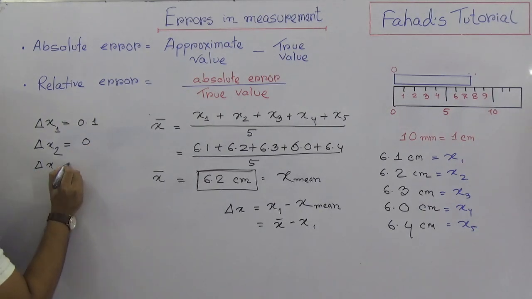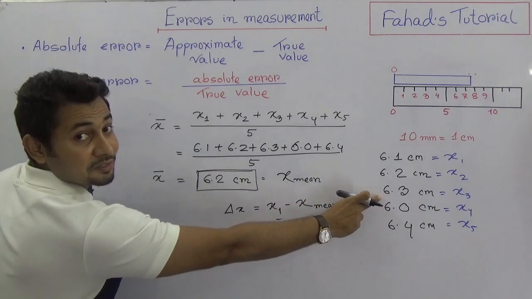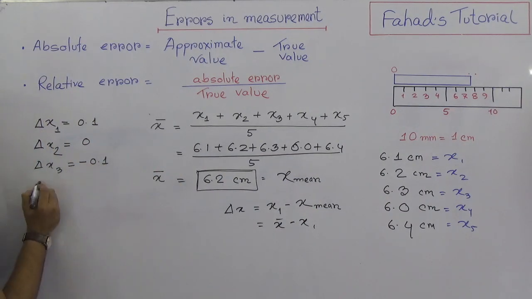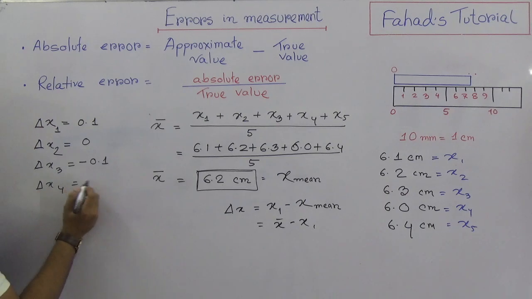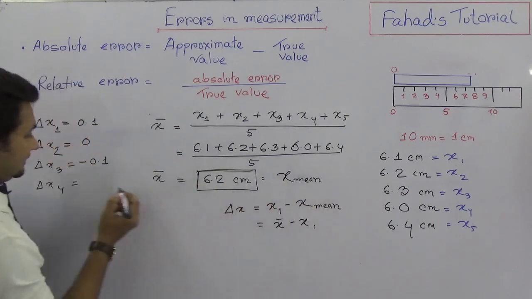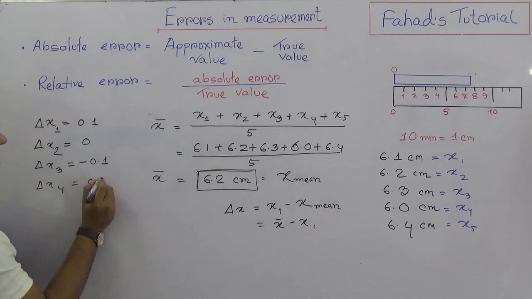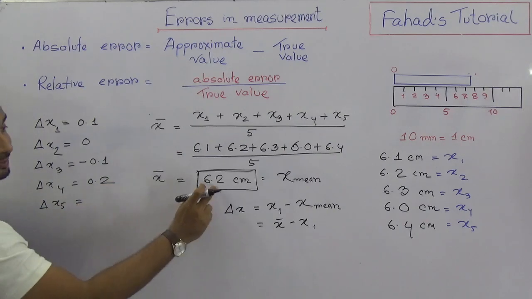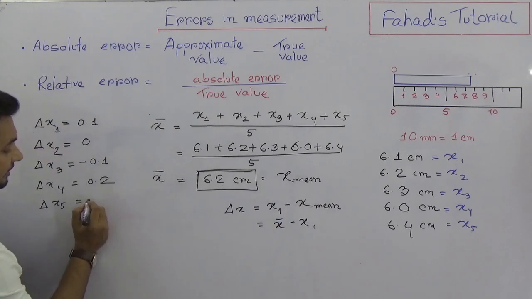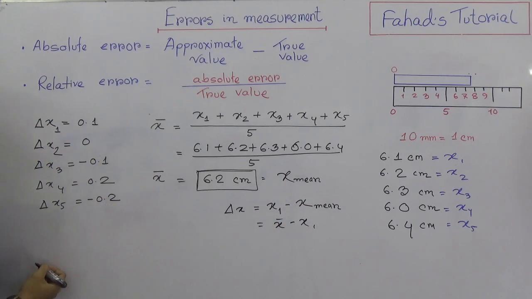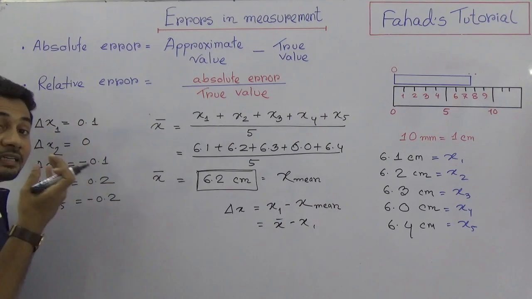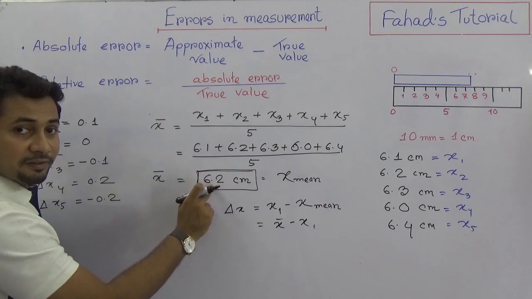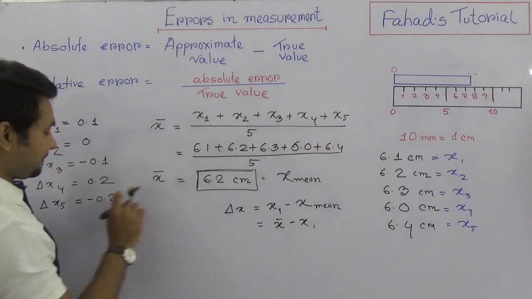Then del x3, 6.2 minus 6.3, that is minus 0.1. Del x4, 6.2 minus 6.0, that is plus 0.2. And del x5, 6.2 minus 6.4, that is minus 0.2. Now I have the deviations from the mean value to the measured values.